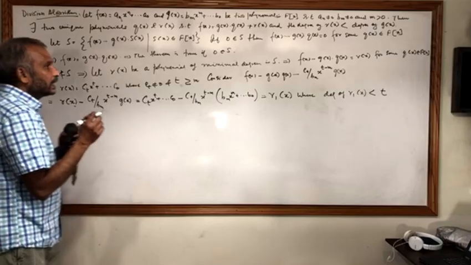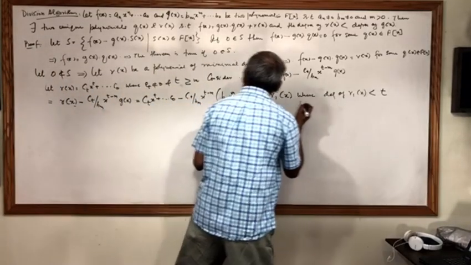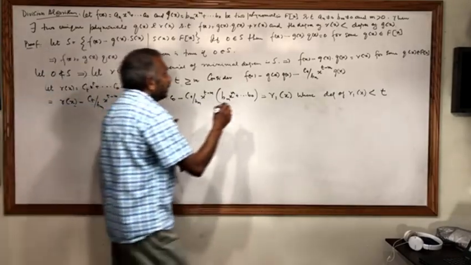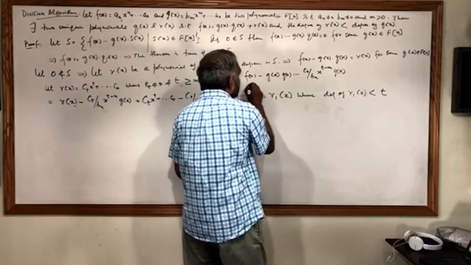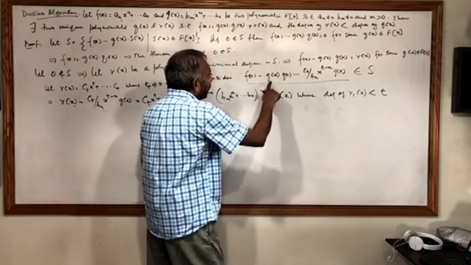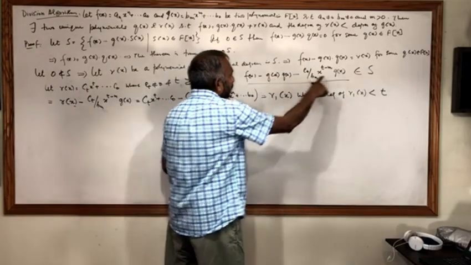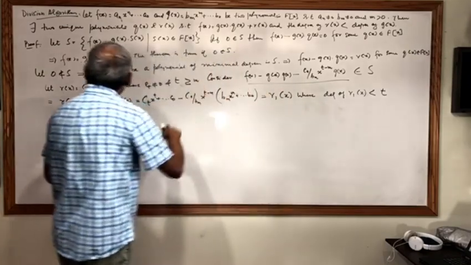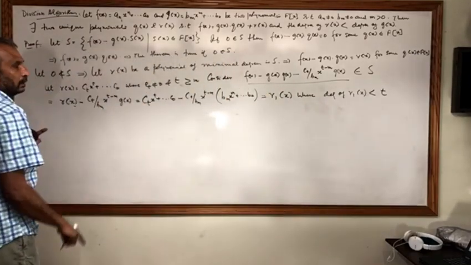So this is actually a contradiction, because this belongs to S, since you can take g of x as a common factor and you have the same form as this.